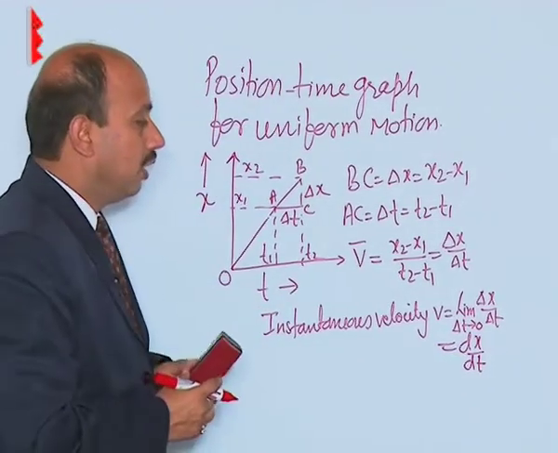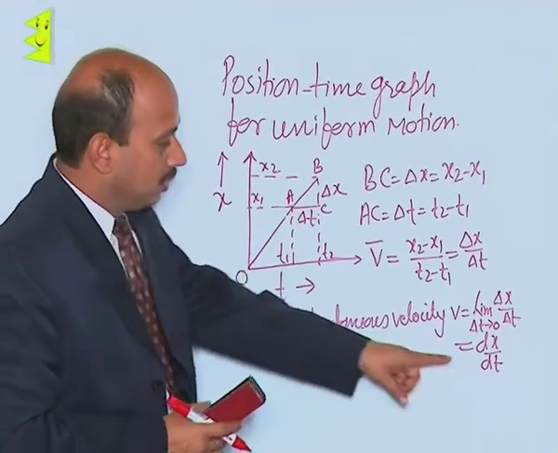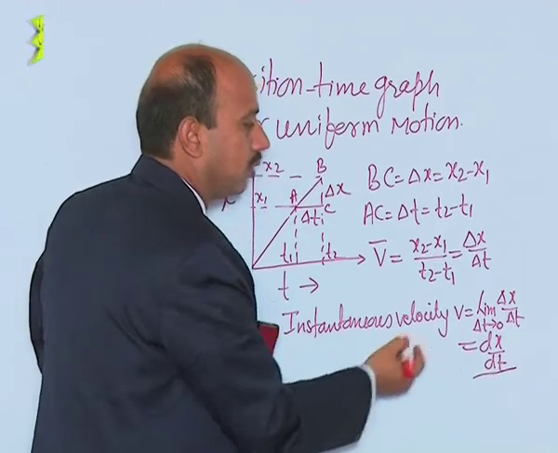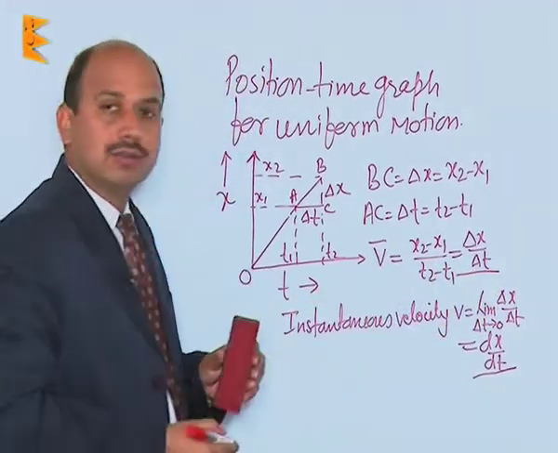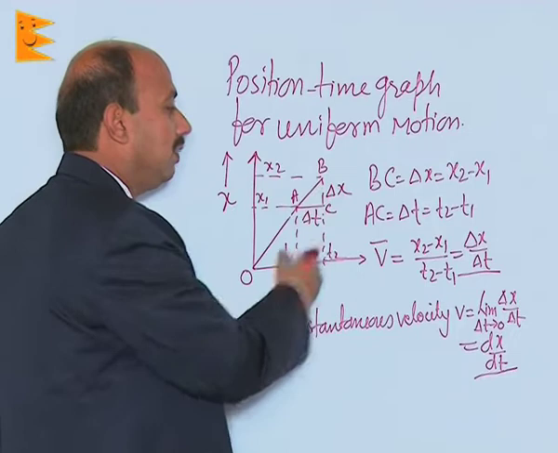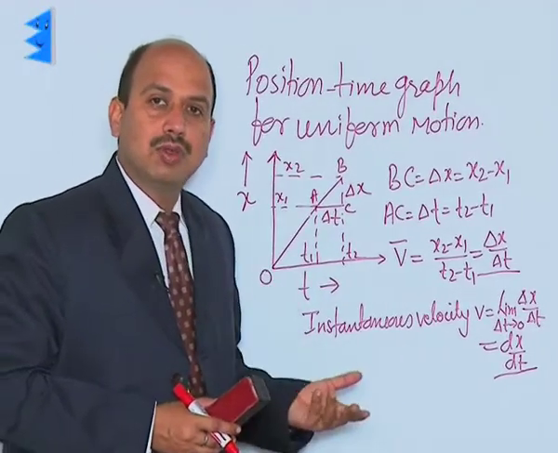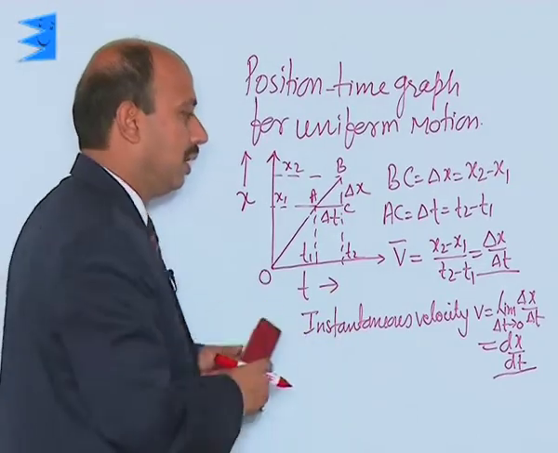Whether you calculate this portion or calculate directly this, the velocity will remain the same. So, if the motion is uniform, the instantaneous velocity and average velocity will remain the same.